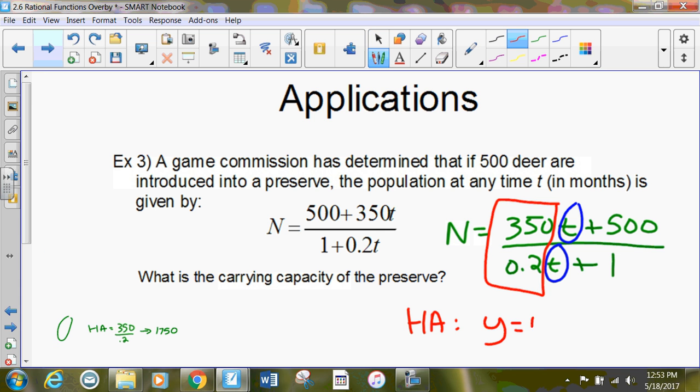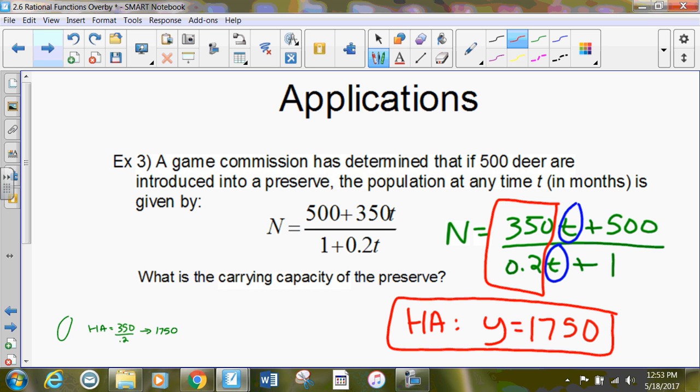Okay, what does that mean? This is pretty cool because horizontal asymptotes have to do with the end behavior of graphs, how much they're increasing, how much they're decreasing. Are they increasing without bounds, or do they have a horizontal asymptote placed on them that says, this is as big as you're going to get? Well, it makes sense that in a preserve, we would have a limit, right?